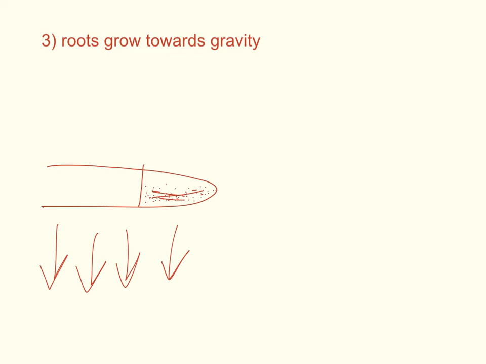More auxin will accumulate on this lower side. In a different way to the shoot, the extra auxin actually inhibits growth, meaning that the cells on the top of the root will elongate faster. So therefore, what this causes will be our root will begin to grow downwards.